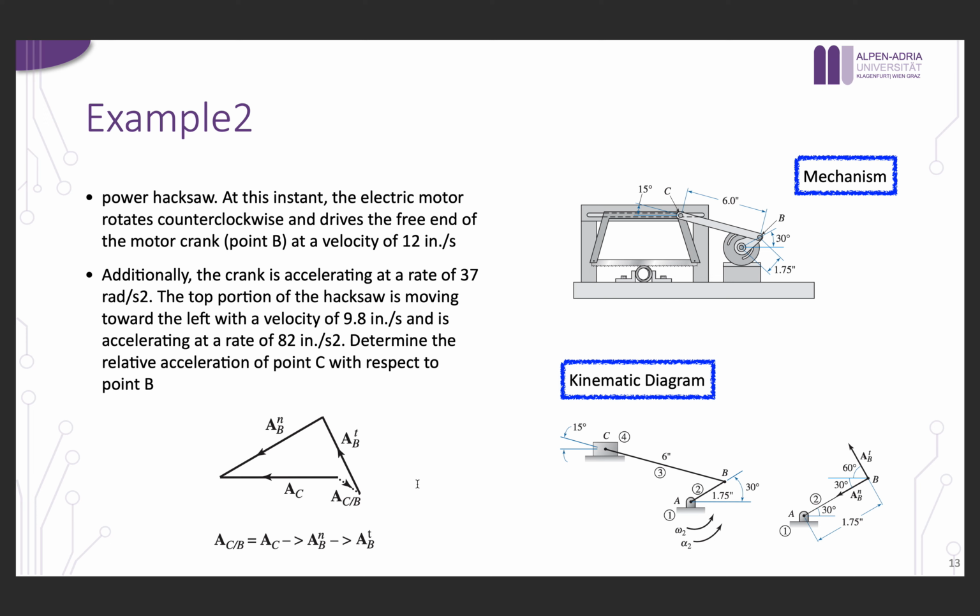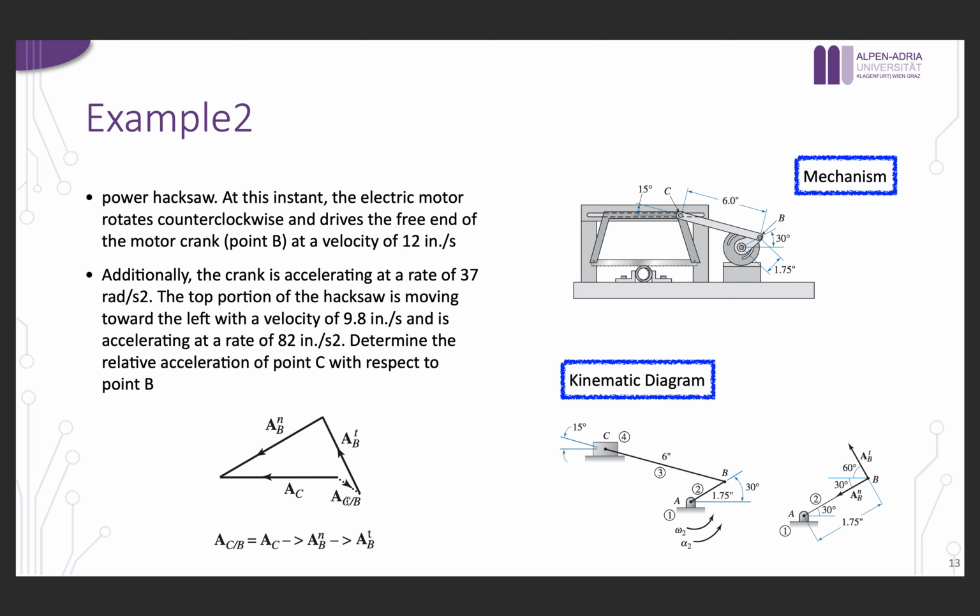So this way we can start with the first one, and since you know its direction, you can just draw it, and then draw the other at 90 degrees to this axis. And now it's clear graphically that this has not closed, and it's not closed because what is missing is the relative acceleration between both.